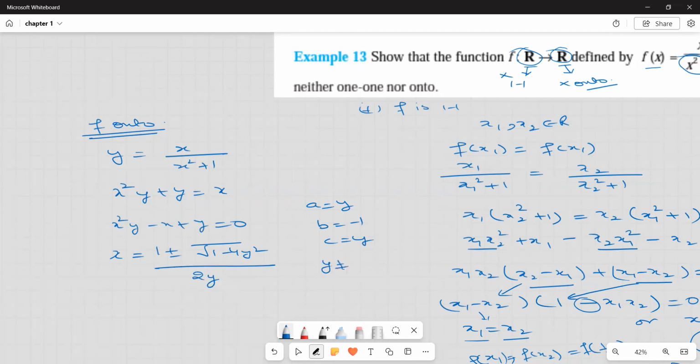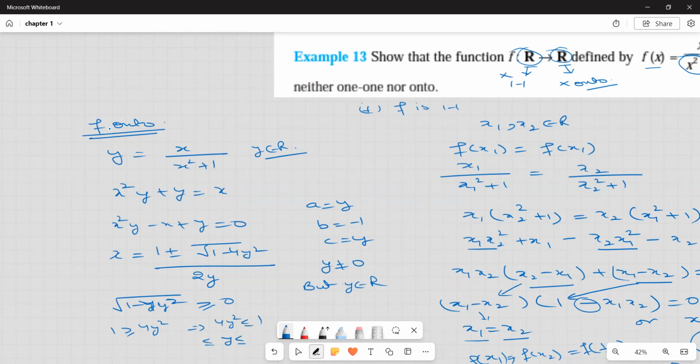Y can't be 0? But here the codomain is y belongs to R, and R contains 0. Or you can say 1 minus 4y square should be positive. So 1 is greater than 4y square, or 4y square is less than 1, or y should lie between minus 1 by 2 to plus 1 by 2, which is again a contradiction to this.